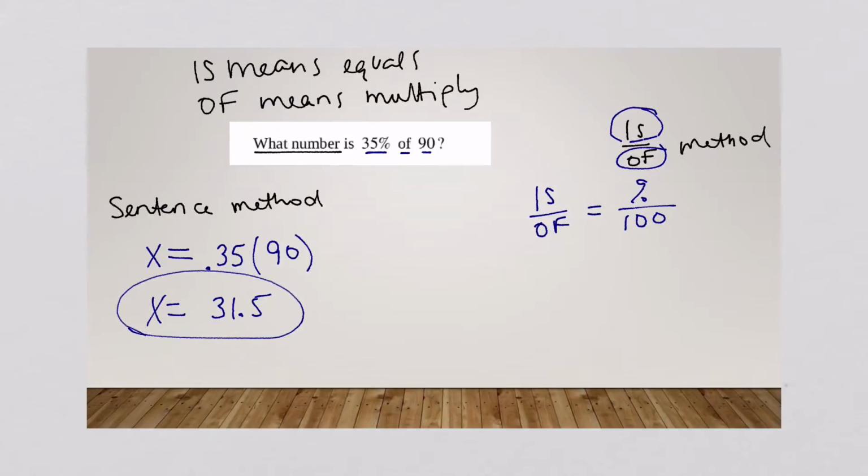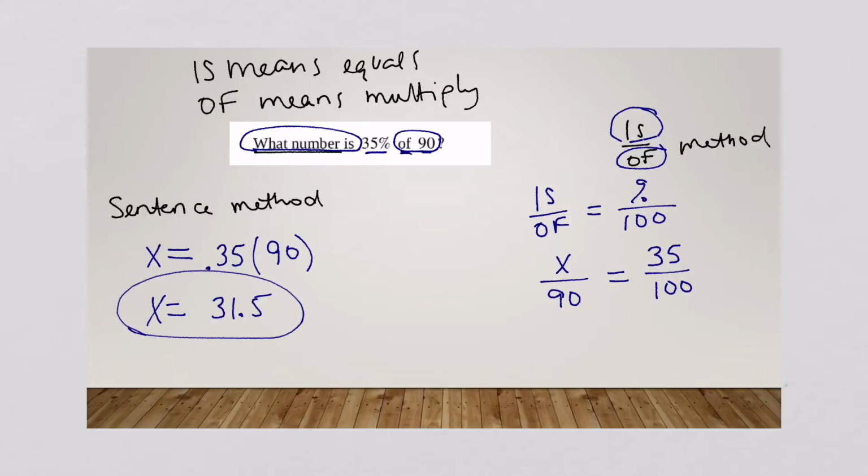Okay, so what number is, I don't know what the is, so I'm going to put an X in there. 35%, that's a given. Always your percent goes over 100, so 35 over 100. Of 90, so the 90 goes in the of position, which is on the bottom left.